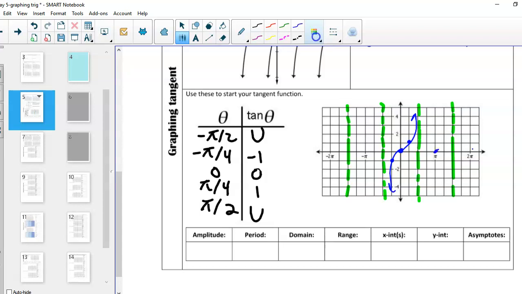So at every pi, it's going to be at 0. And then to the right, it's going to go up. To the left, it's going to go down.